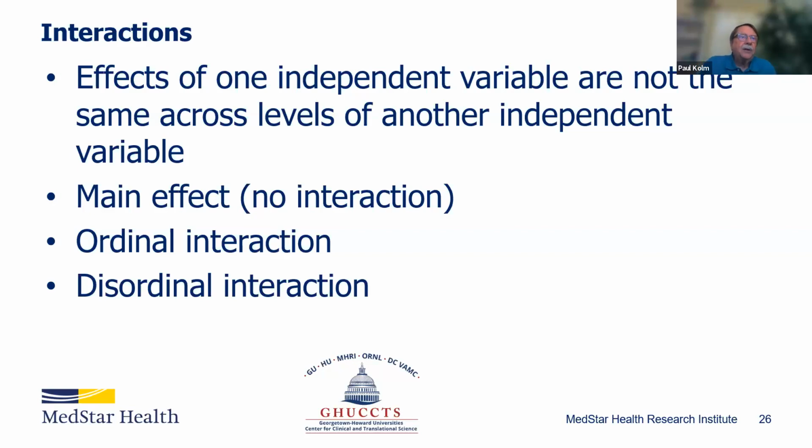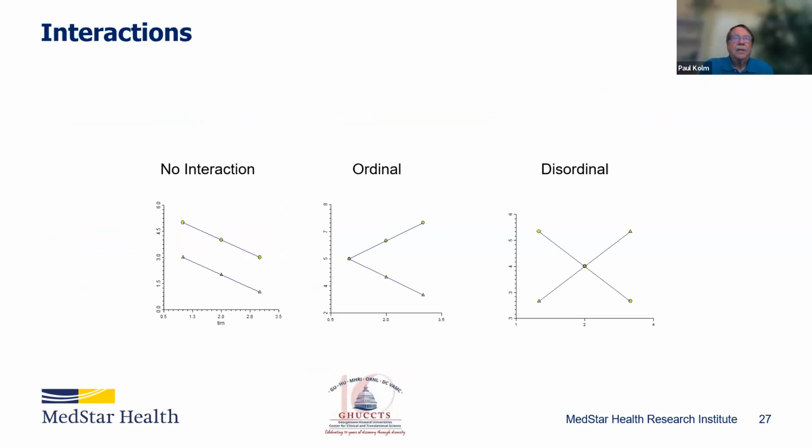Two types of interactions can occur, what we call an ordinal interaction and a disordinal interaction, and this gives an example. If we're comparing two groups with respect to some outcome, and there's a main effect but no interaction, then we'll get parallel lines.